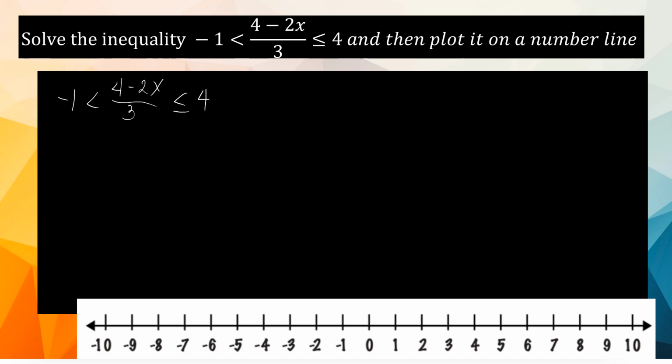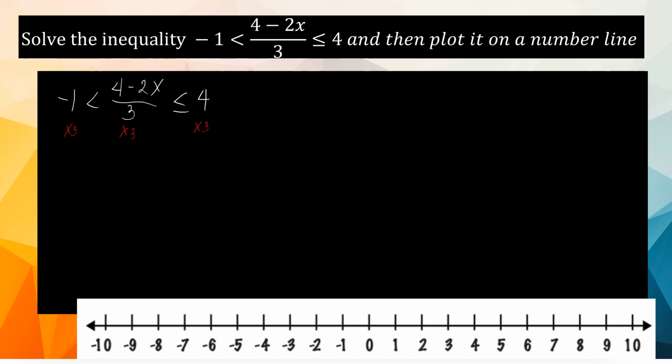Okay, now again, the goal is to only have an x in the middle. So let's remove first, whenever you have a fraction, you need to remove the fraction first. Okay, so let's remove 3 here. To do that one, we need to multiply by 3. So you multiply 3 on all sides. Remember, whatever you do with the middle term, you need to do it on the right and left side of your inequality also.